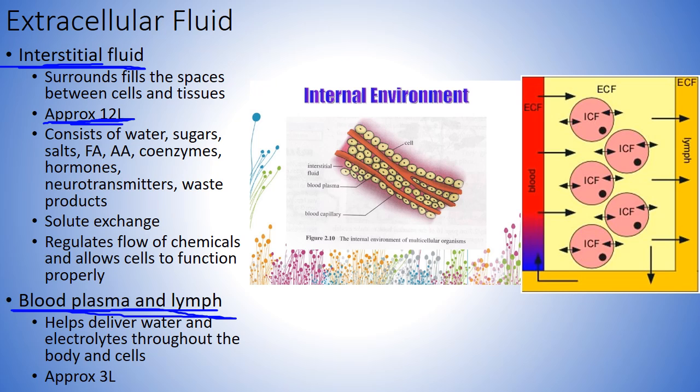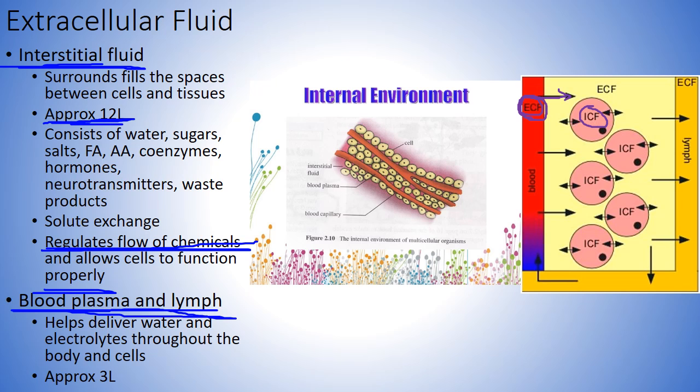Its involvement here is to regulate the flow of chemicals and allow cells to function properly. Taking a look at this picture here, we see extracellular fluid, or what's known as our blood here. We've got molecules transporting themselves across the membrane into the interstitial fluid, and then from there they will transport inside the cell, where the intracellular fluid is located.